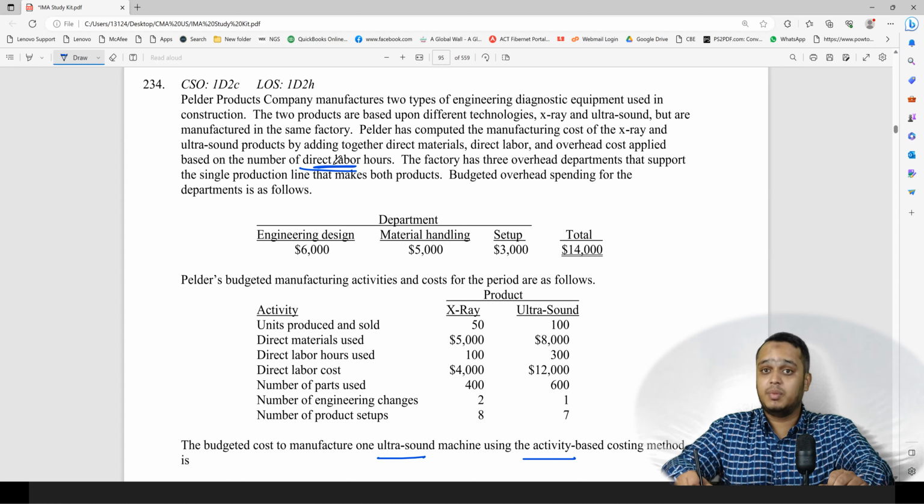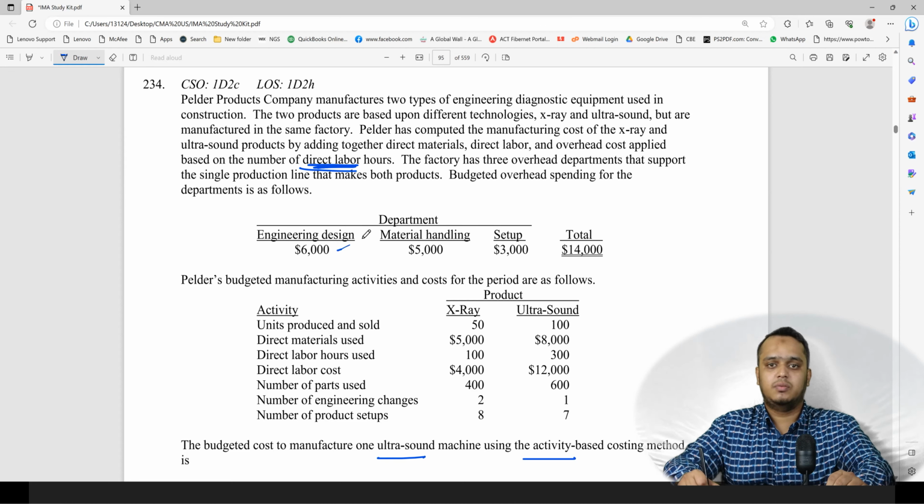So he's allocating based on direct labor hours. The factory has three overhead departments that support the single production line that makes both products. Budgeted overhead spending for the departments is 6,000 for engineering design, 5,000 for material handling, and 3,000 for setup.